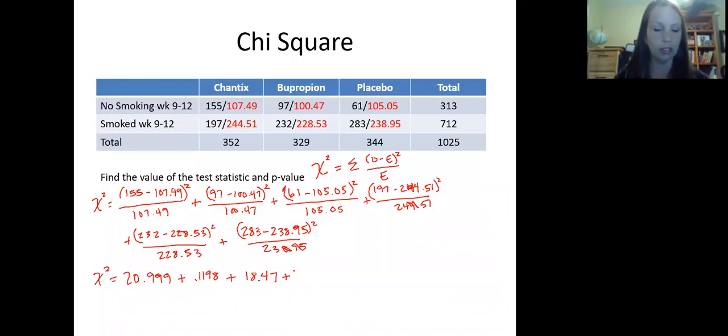Okay, now I'm on to the next one, which is the start of my second row. I have 197 minus 244.51, square that and divide by 244.51, which is 9.231.